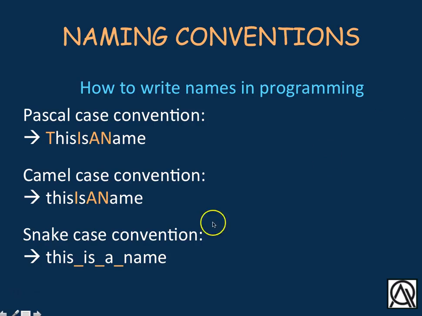Camel case convention is used when we are creating variables and methods in Java. We'll talk about variables later, but I want you to know we are using the camel case convention for defining the methods. Finally, we have the snake case convention. It looks like this. We put an underscore between each word.